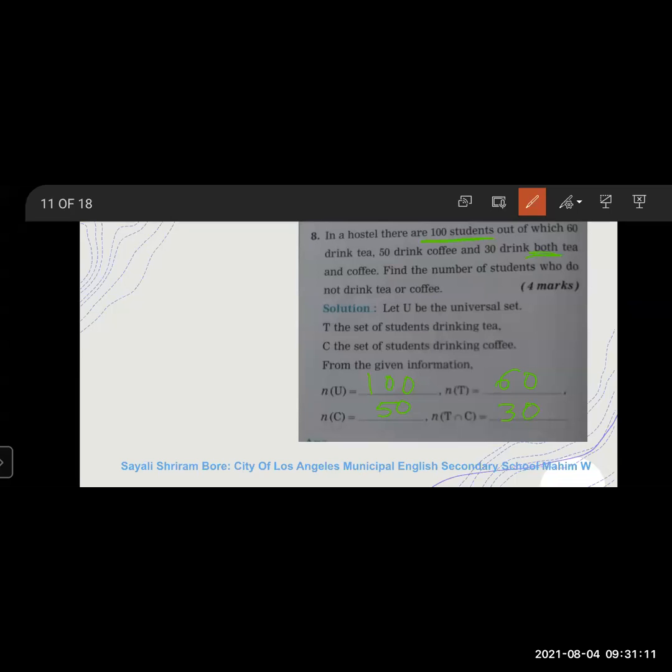After filling it out, write the formula: n of T union C is equal to n of T plus n of C minus n of T intersection C. This is the formula. Substitute it.